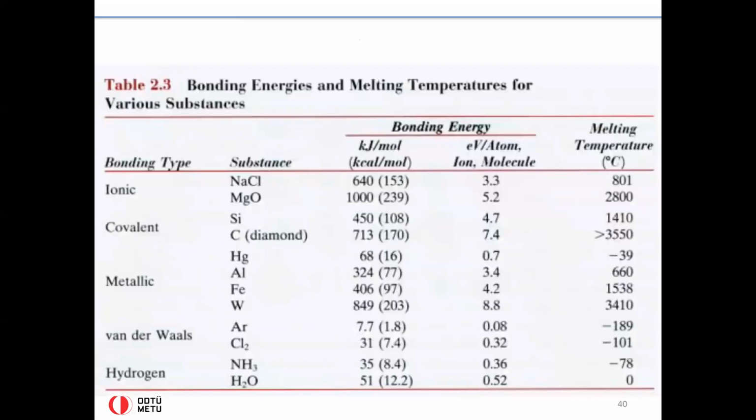And as examples of substances that are held together by the different types of bonds, you have sodium chloride and magnesium oxide as ionic, and you see melting points that within themselves vary, but in some cases you can see a melting point of up to 2,800 degrees centigrade.